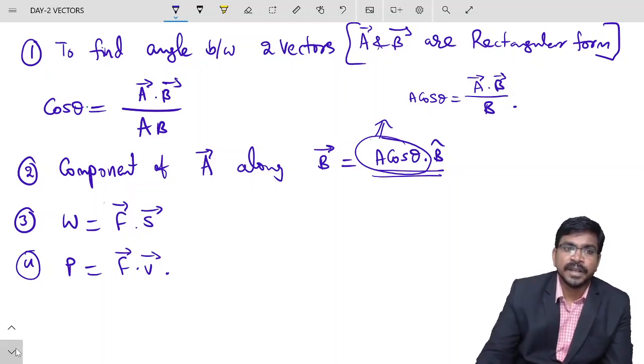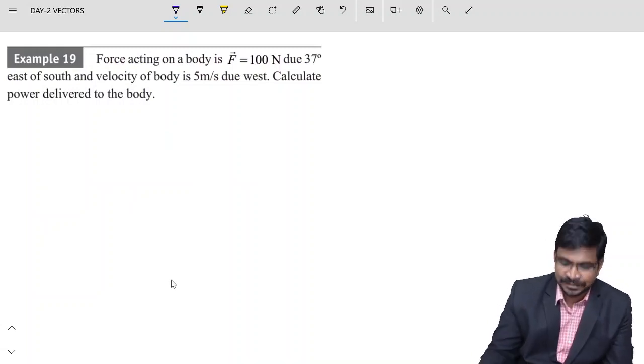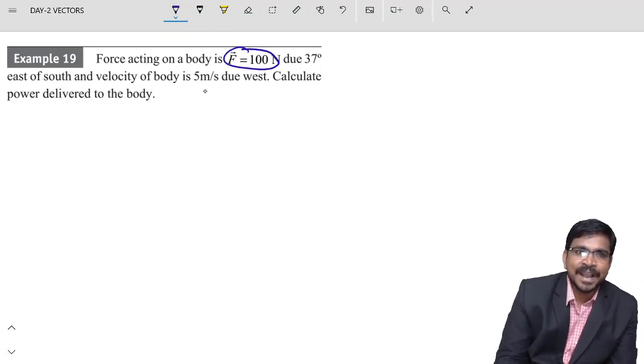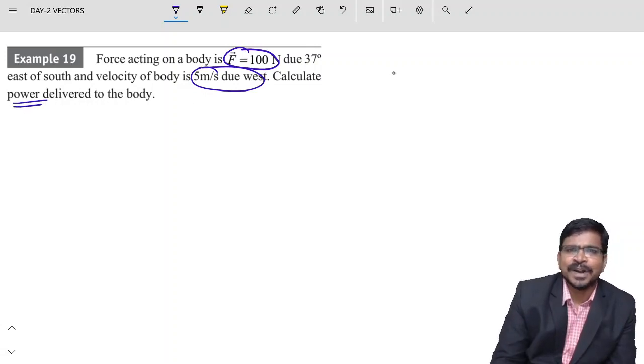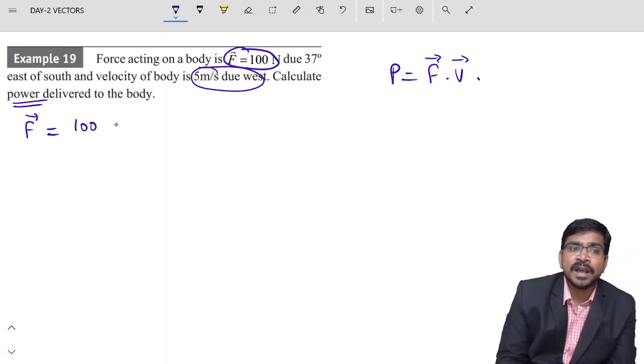Okay, next. We have one more question based on the application of the dot product. Force is given and velocity is given directly. Power. What is power? Force dot velocity. So first, what is force? Force is 100 newtons along east of south. East of south, fourth quadrant. So 37 degrees, fourth quadrant.